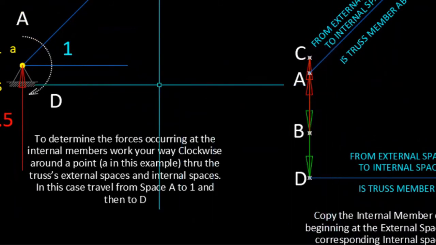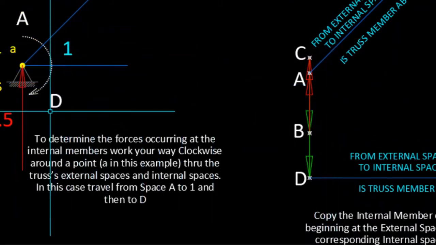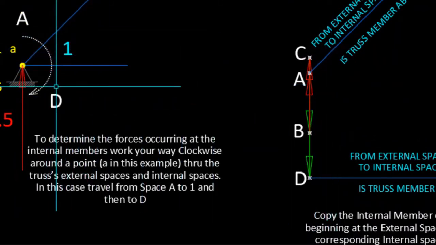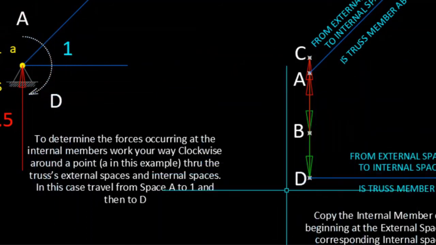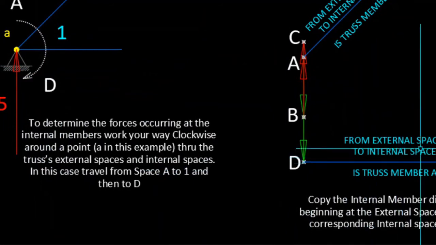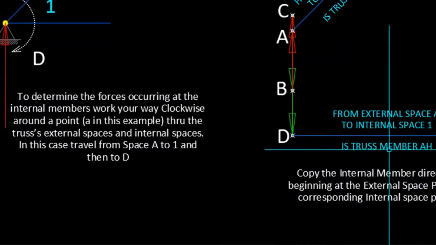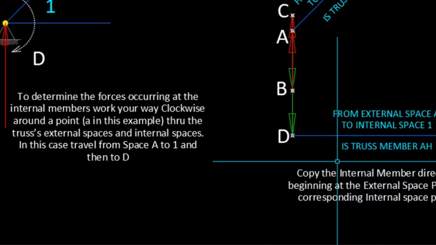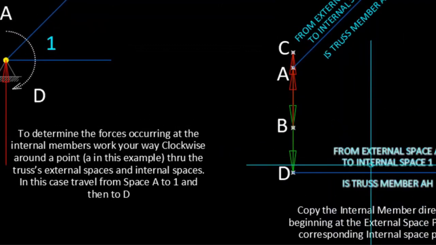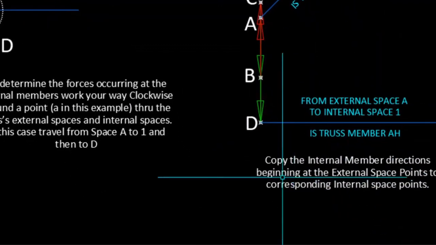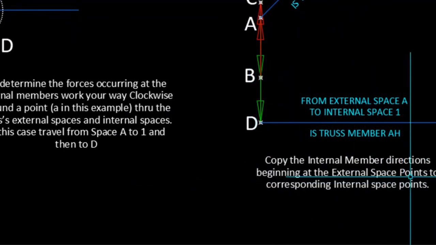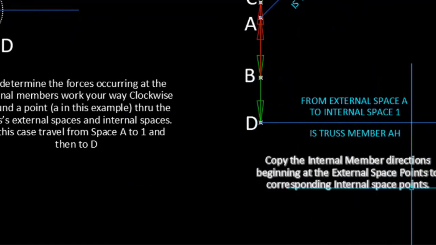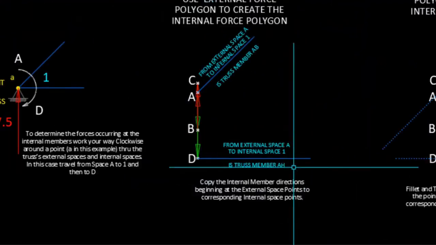So once again, from the external space A to the internal space 1 is truss member AB. And then moving on from space 1 to space D, once again, we don't know where 1 is. So we know we're going to start at D, and we're going to go in some sort of horizontal direction from the external space D to internal space 1, which will be truss member AH. So we copy the internal member directions, beginning at the external space points, to the corresponding internal points.